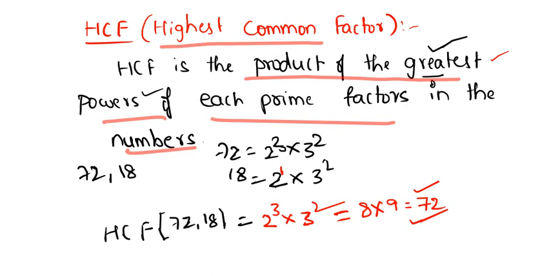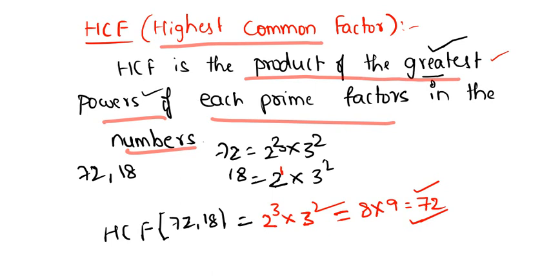In this example the HCF is 72 and the LCM is 18, but in general the HCF is the greatest one and the LCM is the smallest one, so this is not always how it works.